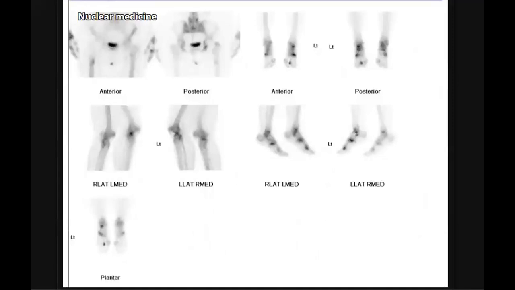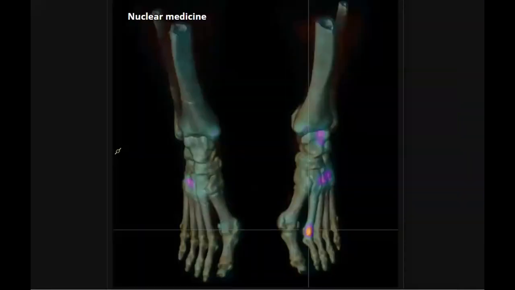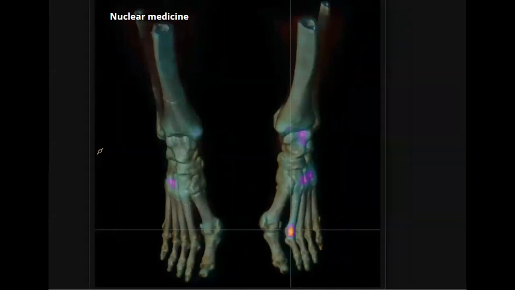So in this case, do you think that this patient has abnormality or not? Yes, where? Right or left? Yes, metatarsal. There is hot uptake. This patient did SPECT CT to confirm the location.